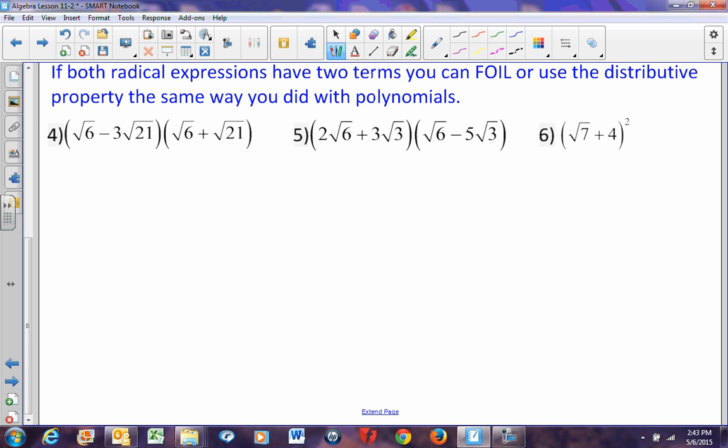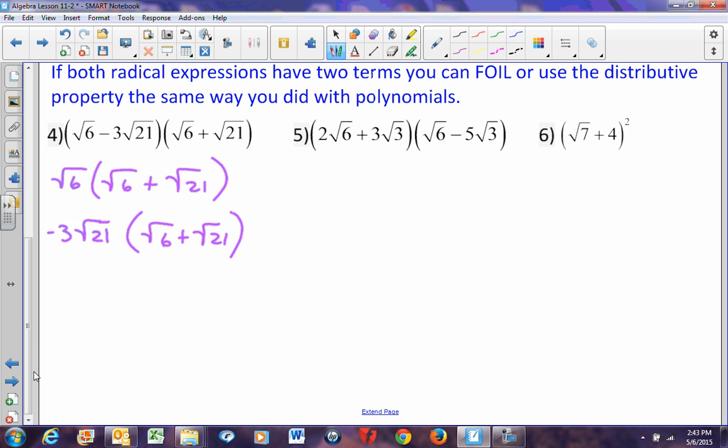So I'm going to take my first term, the square root of 6, and multiply it by everything in my second parenthesis, square root of 6 plus the square root of 21. Then I'm going to take my sign and the second term, negative 3 square root of 21, and multiply that by everything in the second parenthesis, the square root of 6 plus the square root of 21.